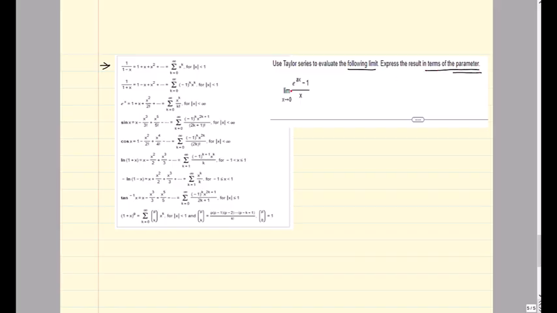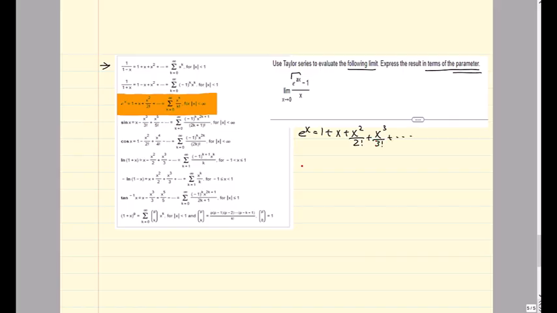Okay, so we have the limit of a to the x minus 1. So a to the x, that's one that we'll be able to look at here. This is this piece right here. So I can take this and rewrite it. What I will look at here is e to the x is equal to 1 plus x squared over 2 factorial plus x cubed over 3 factorial.